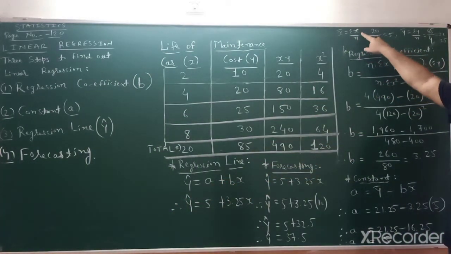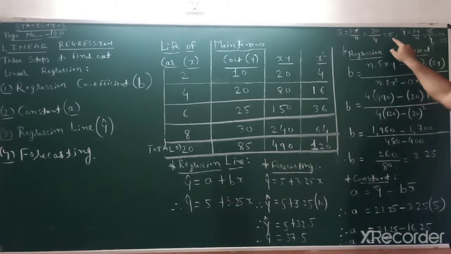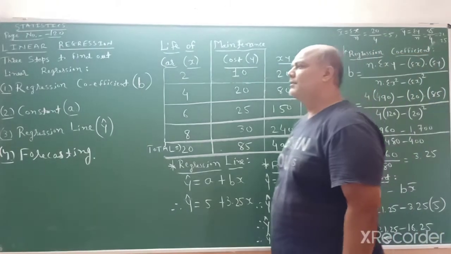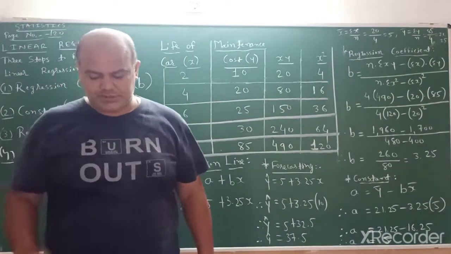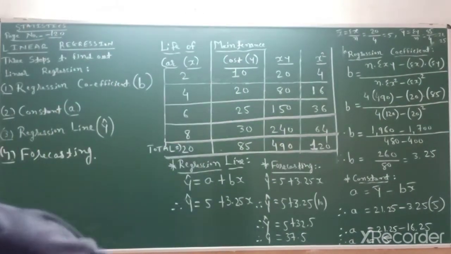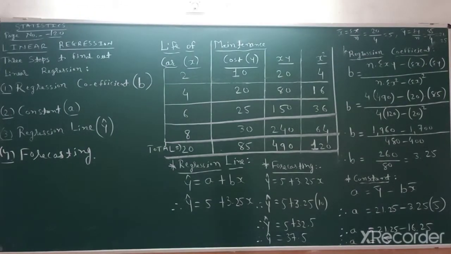X bar is equal to sigma x upon n, so 20 upon 4, that is 5. Y bar is equal to sigma y upon n, sigma y is 85 upon 4, that is 21.25. We find x bar and y bar here because it is required when we want to find the constant.